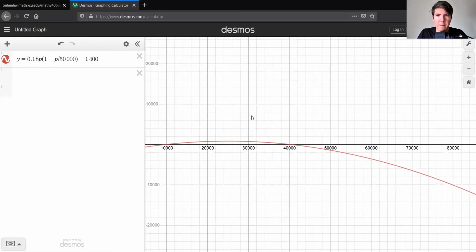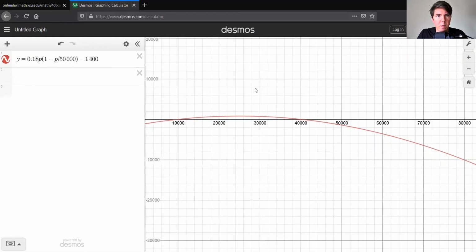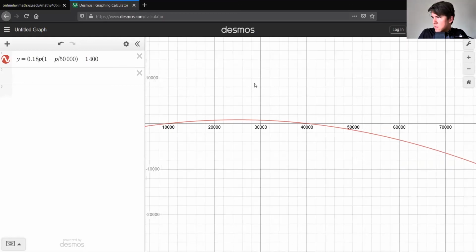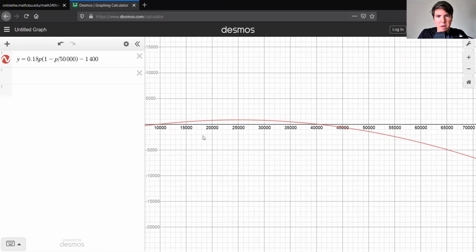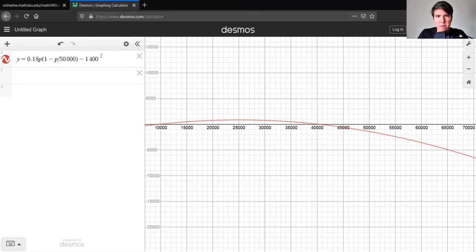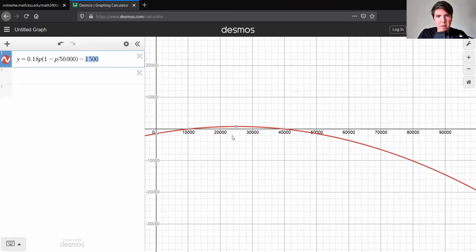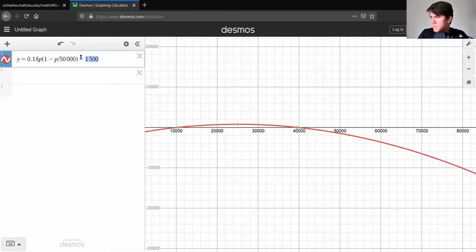So if we graph this thing, what we get is two equilibrium. We get an equilibrium at 10,000 and then at 40,000. But correspondingly, if we change the constant harvesting to, let's say, 1,500, we get something like this, and so on. So we can see what the curve of this looks like.